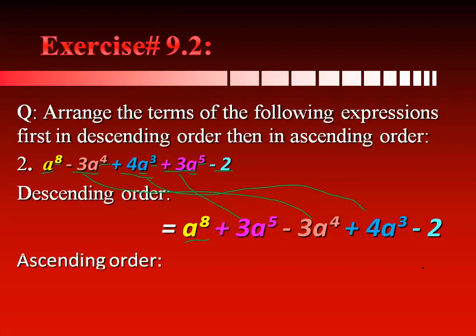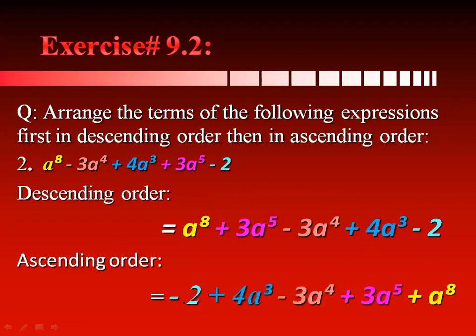Now for ascending order, you will simply write the reverse of this order. You will start from this 2, but not only 2, you will write minus 2 along with the sign. So first you will write minus 2, then next is plus 4a^3, then minus 3a to the power 4, then plus 3a to the power 5, and the last one is a^8.